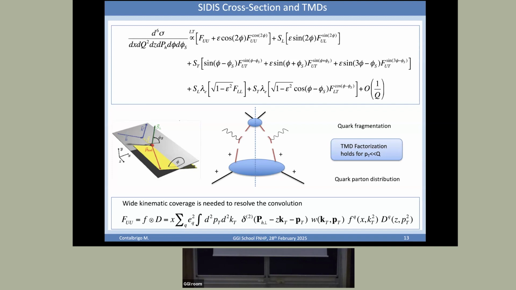So what is the message here? That we have a formalism, but whatever you measure is an involved object. Because if you wanted to really access this information, you have to solve this convolution. And so in principle, you have to measure a full phase space to solve it. But this is impossible in an experiment.